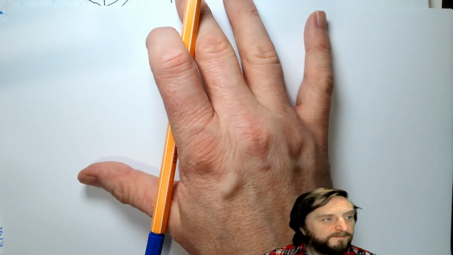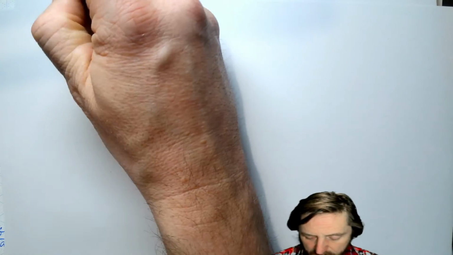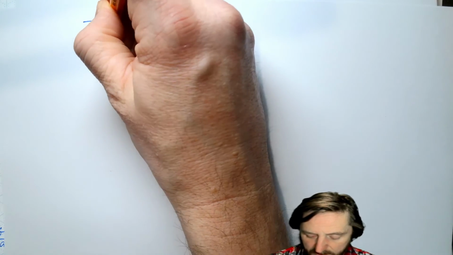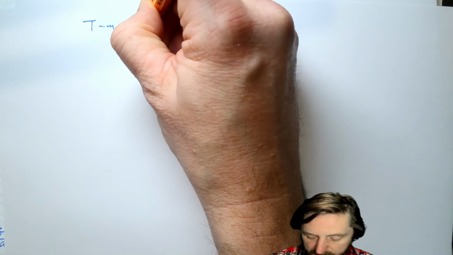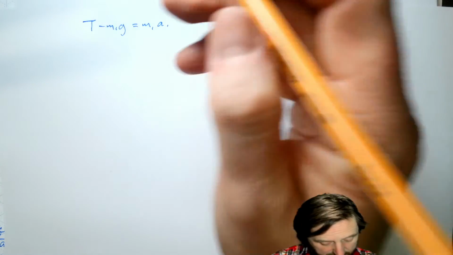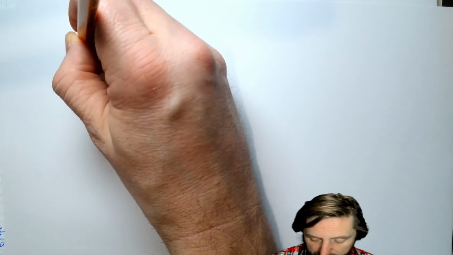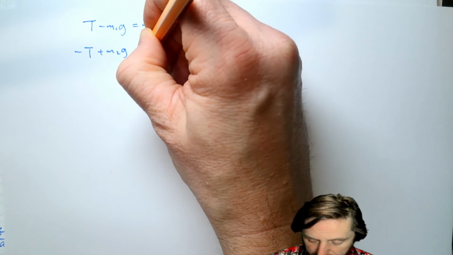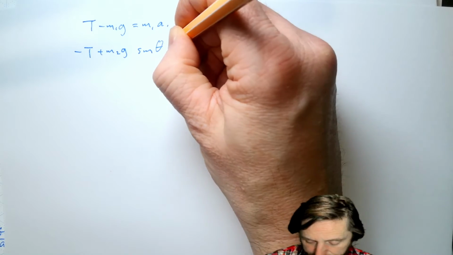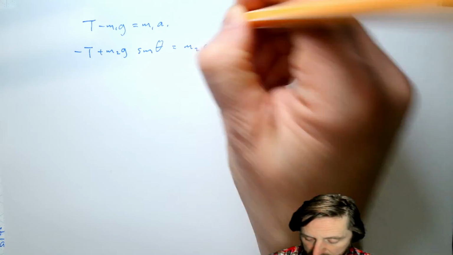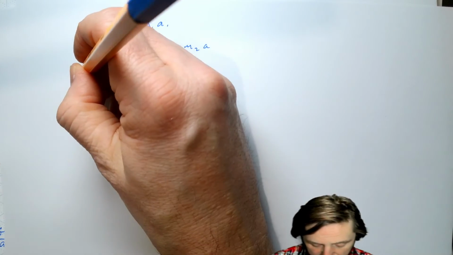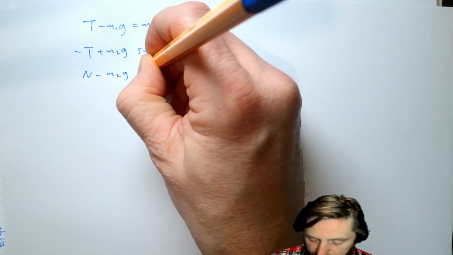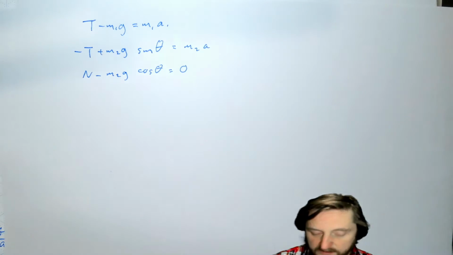For the first body we have T minus m1g equals m1a, and then for the second body we have negative T plus m2g sine theta equals m2a, and finally we have a third equation, N minus m2g cos theta equals 0.